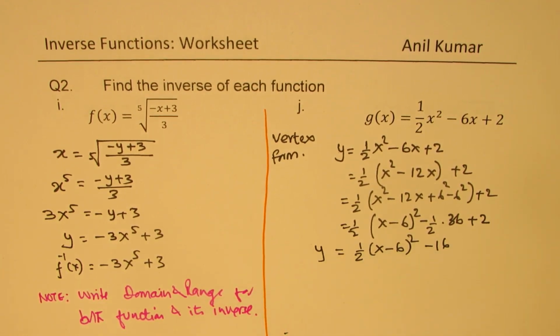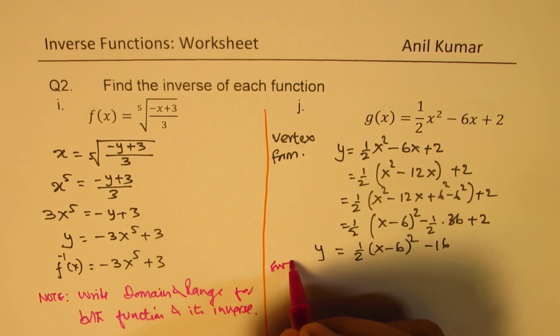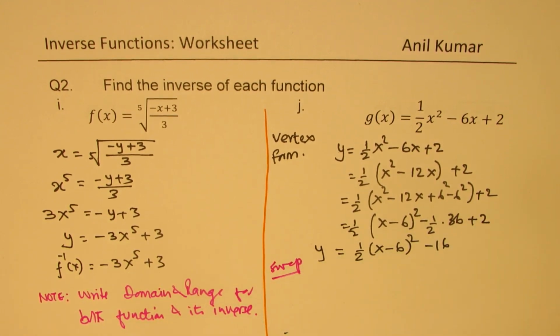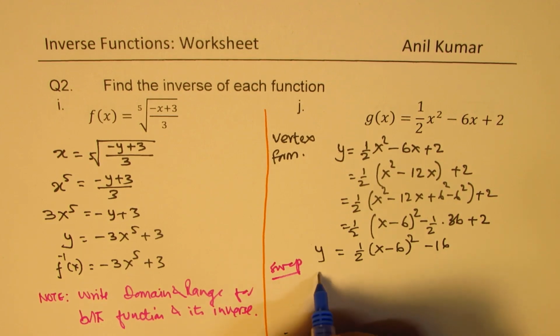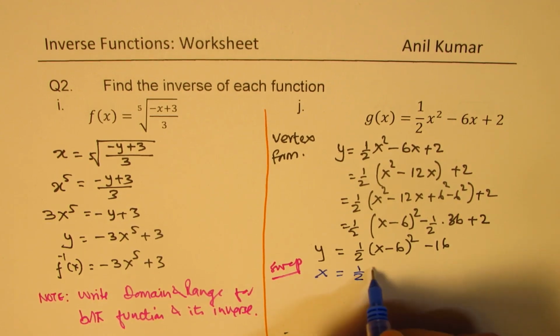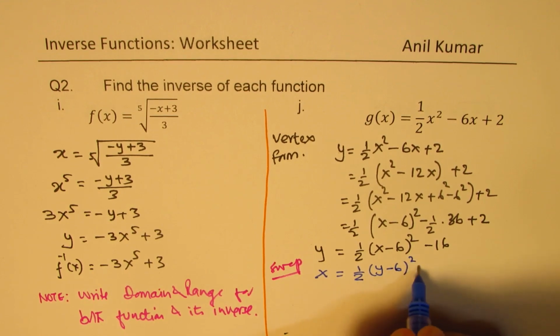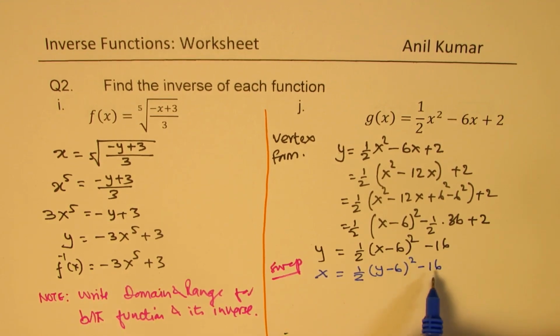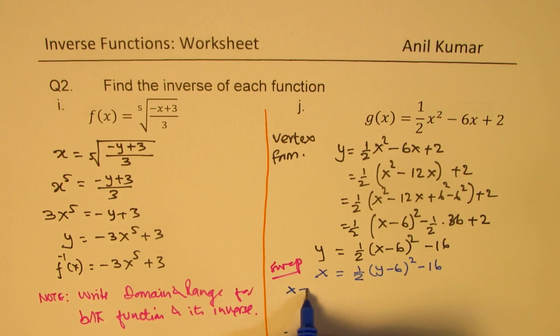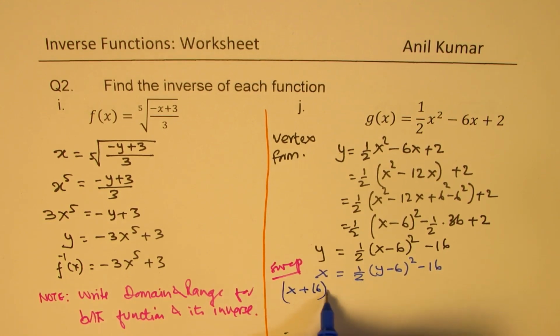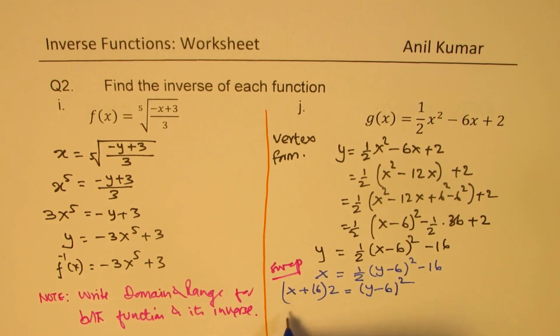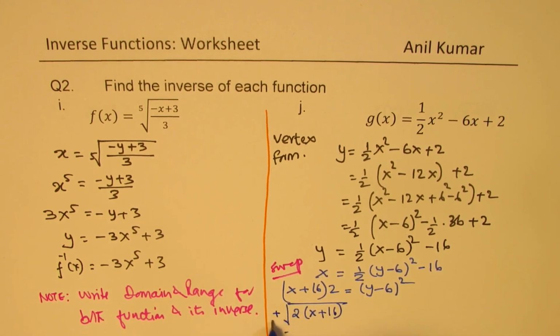Now to get the inverse, we'll swap, correct? So let's rewrite this as x equals half of y minus 6 whole squared minus 16. Breaking this here, we get 2 times x plus 16 equals y minus 6 whole squared. Now we'll do the square root. So when you do the square root, we can say plus and minus square root of 2 times x plus 16 equals y minus 6.